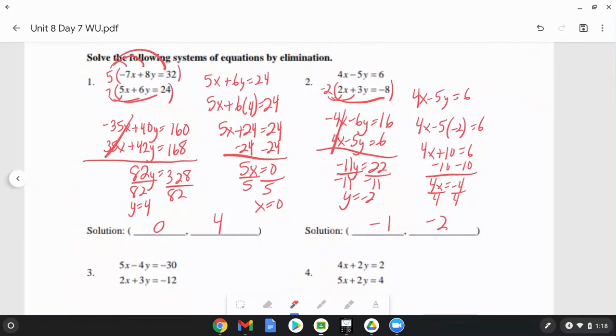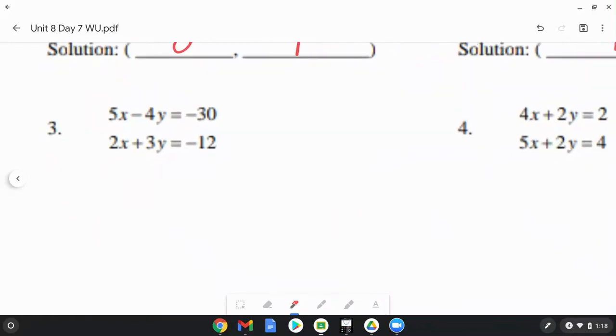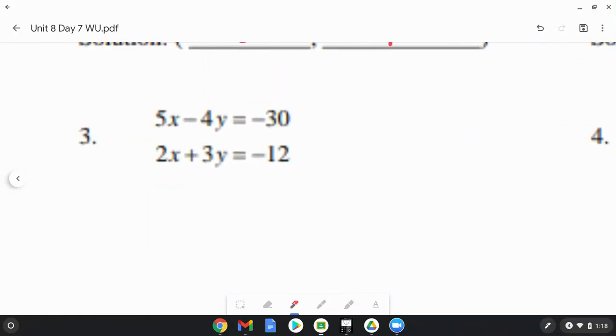Leave that up for a second. And now I'll do one more. So for number 3, I'm going to do the y's. I'm going to cancel out the y's because you don't have to always cancel out the x's. So if we take the bottom number for the y, which is 3, and the top number for the y, which is -4, and just multiply the top by the bottom and the bottom by the top, I already noticed that they're opposites as far as their signs go, so I kept them both positive.